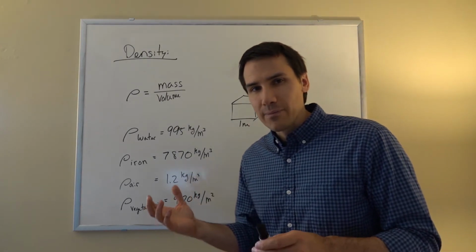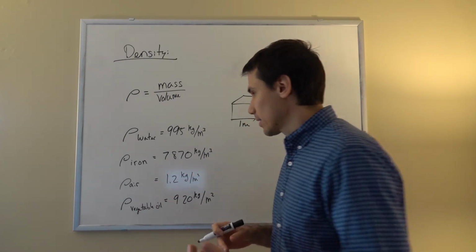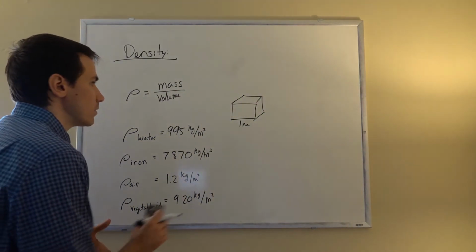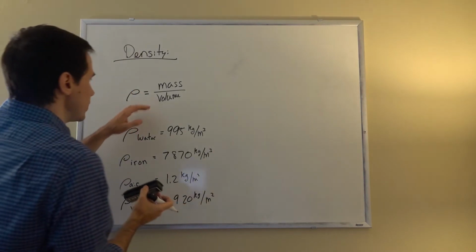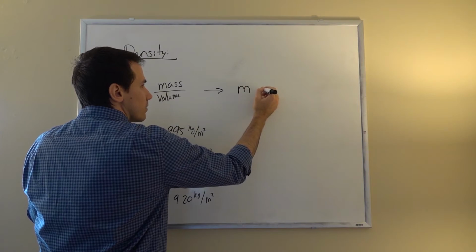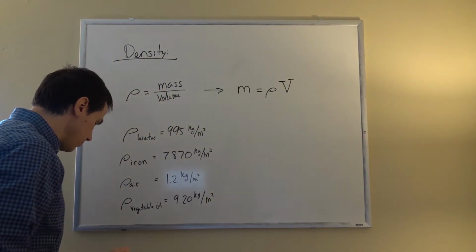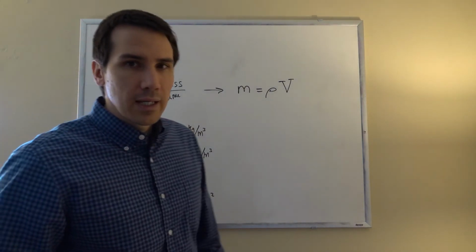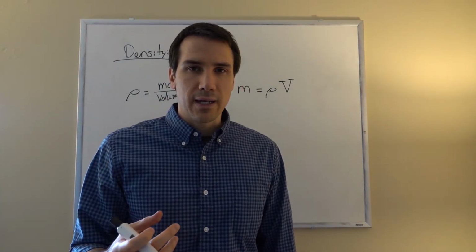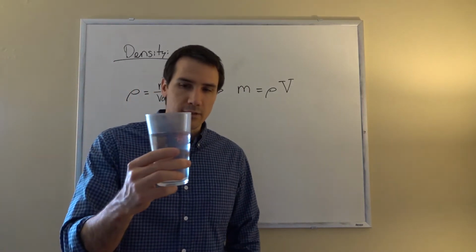We can trade back and forth between density and mass. So if we rearrange our equation, we can find that the mass of an object is equal to its density multiplied by its volume. So let's try to do this as an experiment and figure out the mass of the water in my cup.